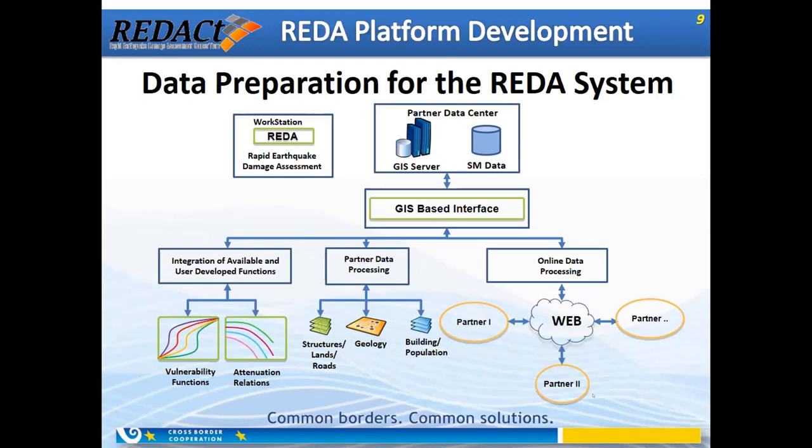The partners will also have their own online data processing and their online data. Then there will be the workstation for the analysis of the rapid earthquake damage assessment with all these inputs.